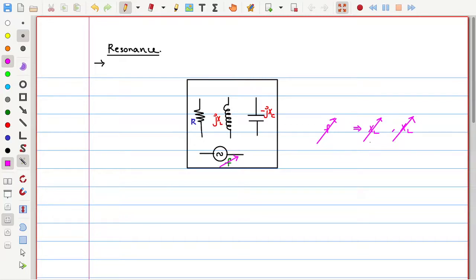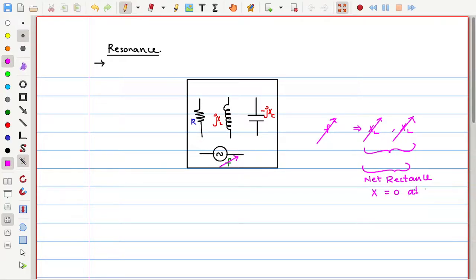Due to these variations in the reactance components, there may be a situation where the net reactance at a particular frequency will become zero.